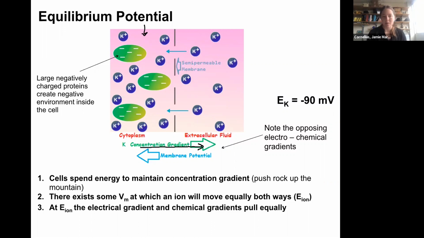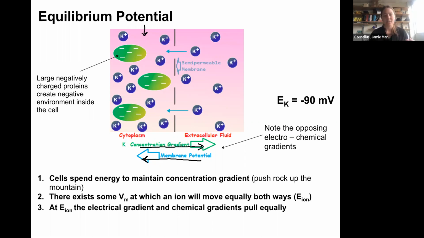If you didn't think about electrical differences at all and only thought about concentration gradients, then potassium wants to move outside of the cell. But because of these big green negatively charged proteins, the electrical gradient is attracting potassium back into the cell. So you have opposing forces here.